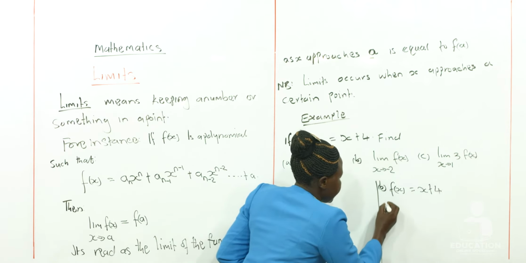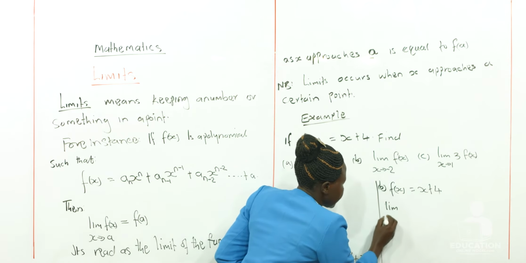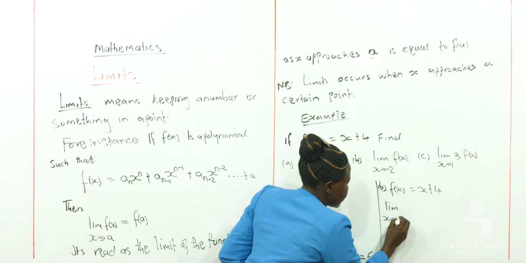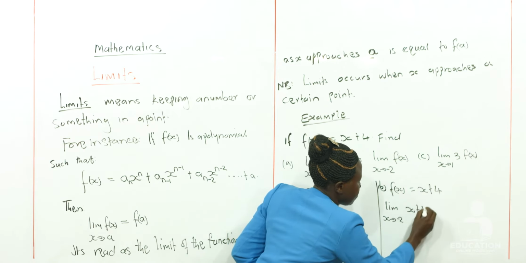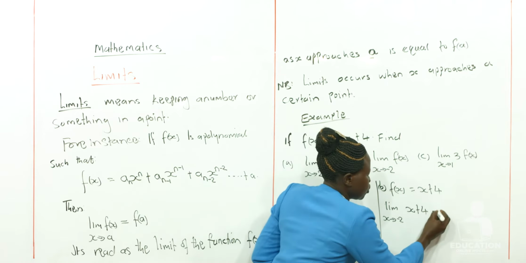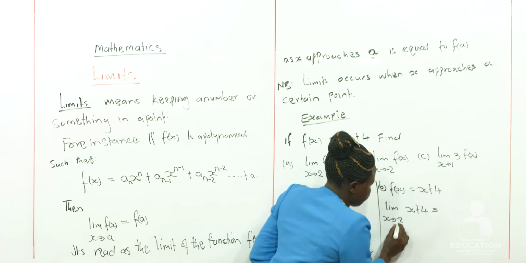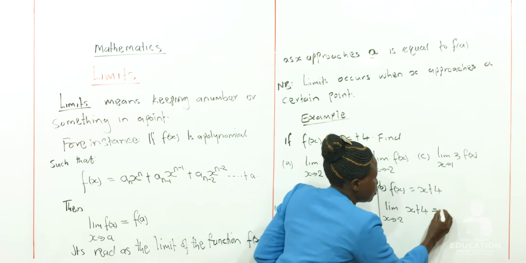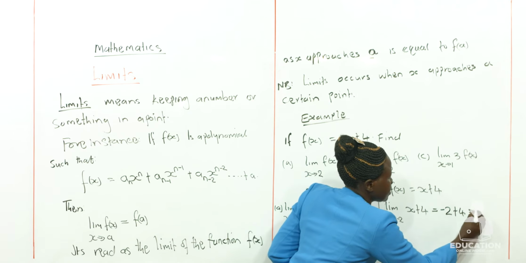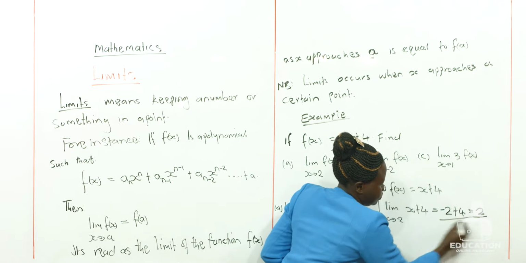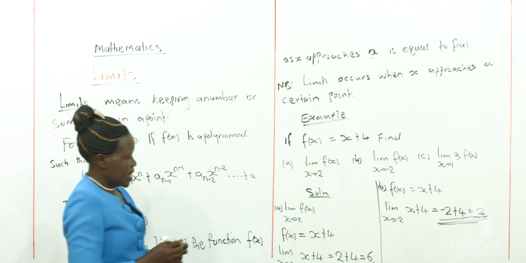And then when it becomes a limit, you say lim x is approaching negative 2. Then you'll have x plus 4. It is at this level that you substitute. Where there is x, you are going to substitute with negative 2. So you will have negative 2 plus 4, which will give us 2. So that is for part B.